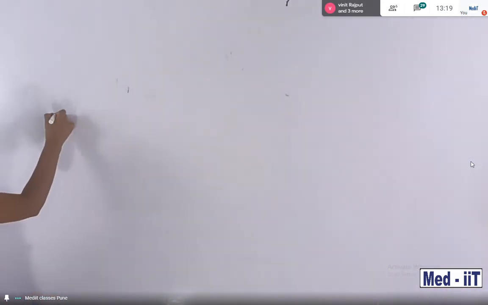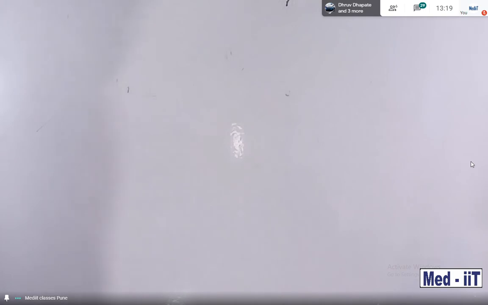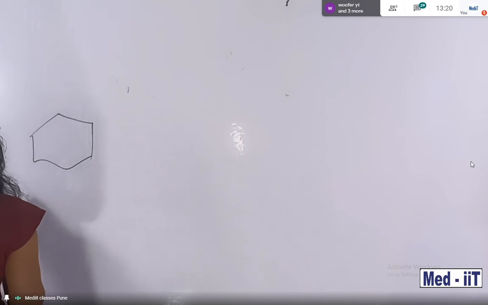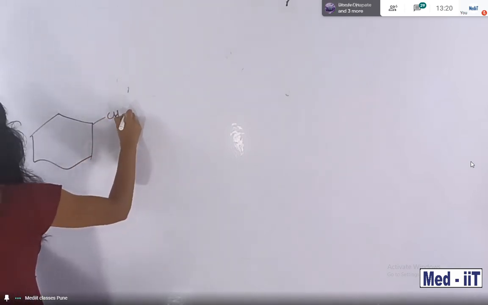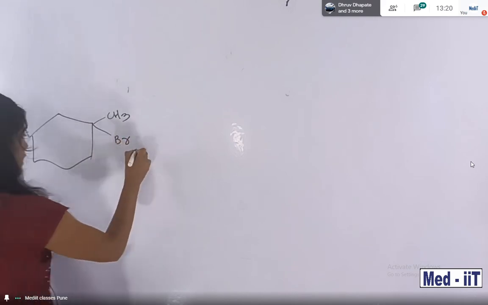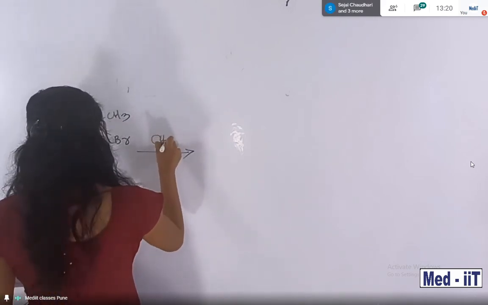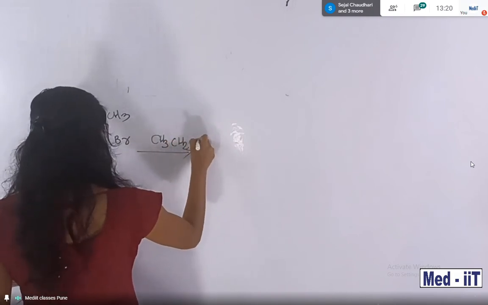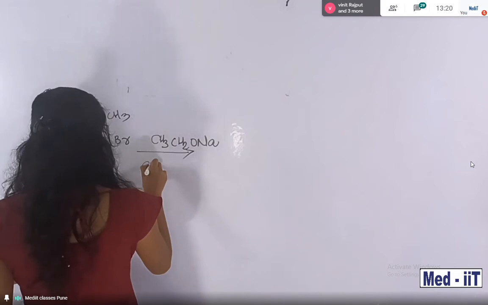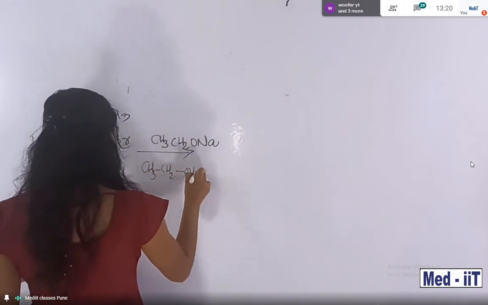So this is your question. CH3CH2Br, in the presence of CH3CH2ONa. Then CH3CH2OH is also there.